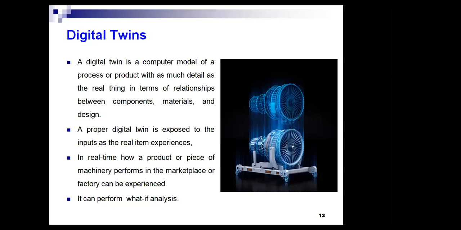And in some cases, these digital twins are also used for sensitivity analysis. Basically, whatever systems we model, it is a kind of process. The process consists of multiple inputs and multiple outputs. Each input is known as an independent variable.